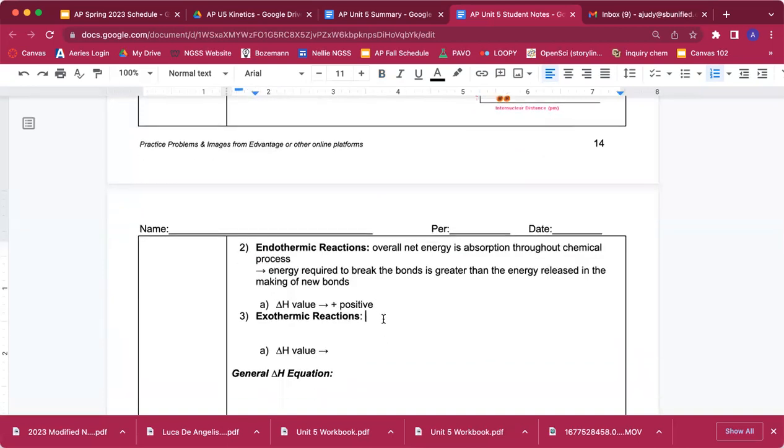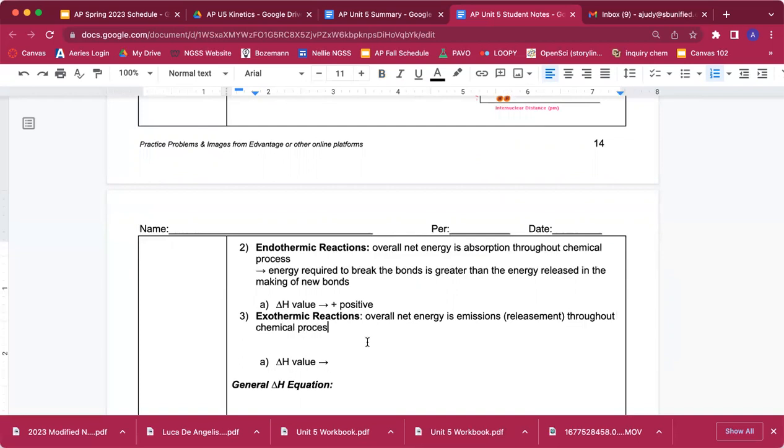So exothermic reactions, on the other hand, occur when your overall net energy is released, or is emitted, or is a type of emission. How do I say that right? Absorption, emission, or releasement throughout the chemical process.